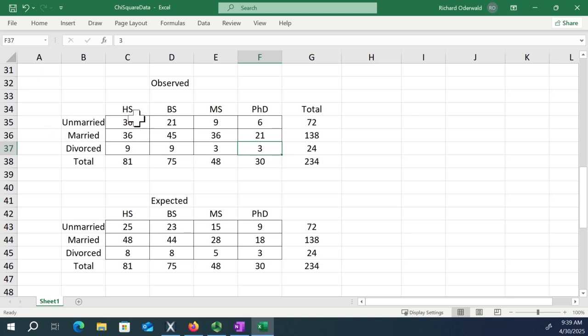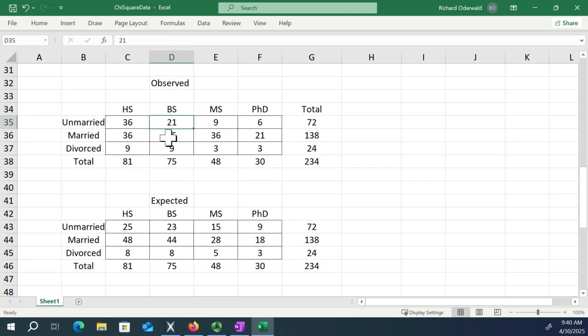Here is the observed. 36 out of 234 people had a high school diploma and were unmarried. 36 were married and 9 were divorced. The total with a high school diploma is 81. Each of these is the same.